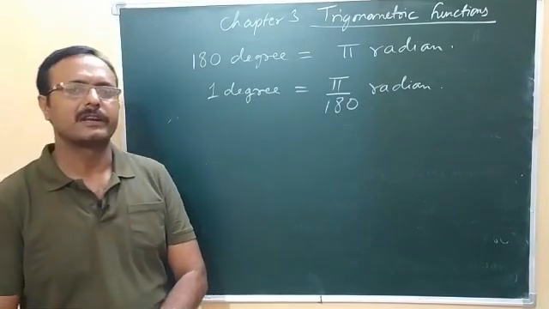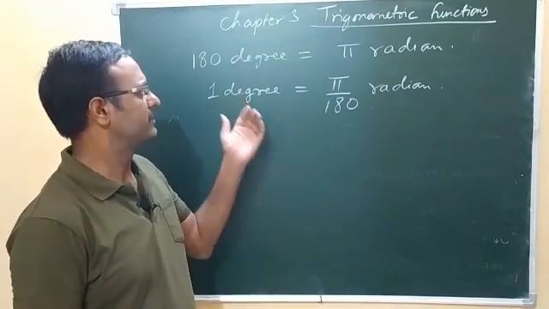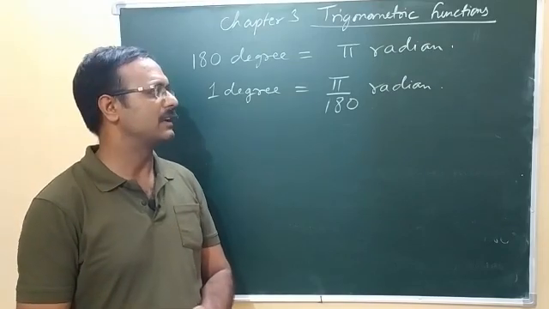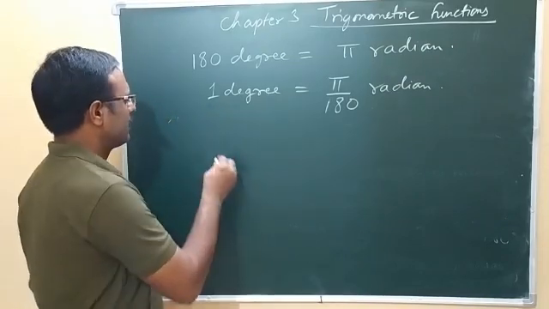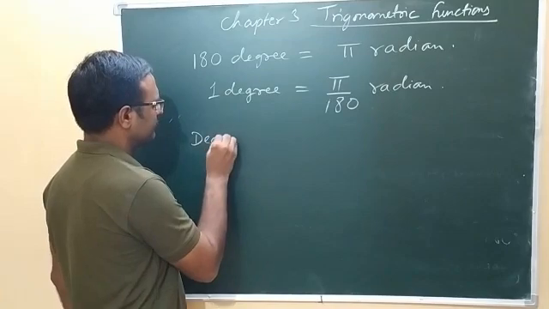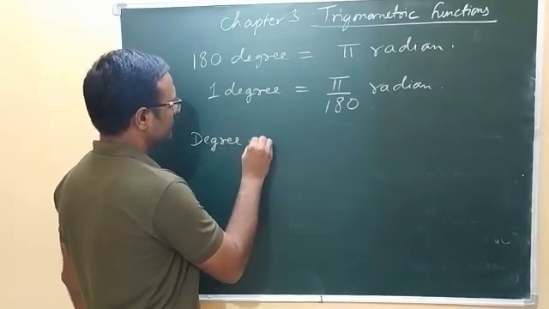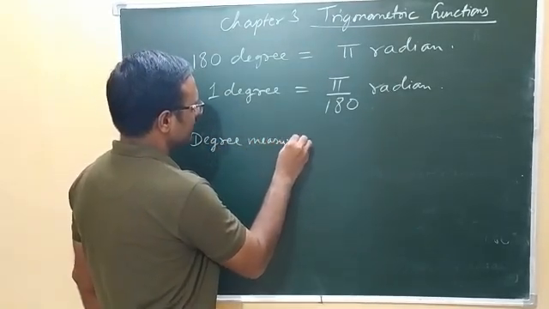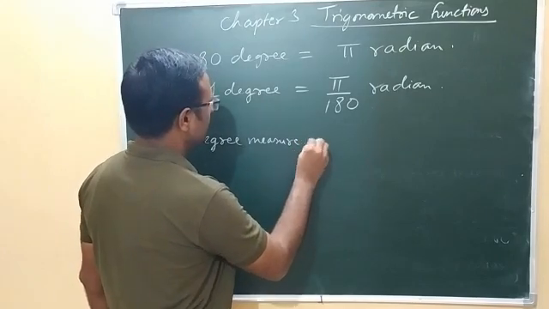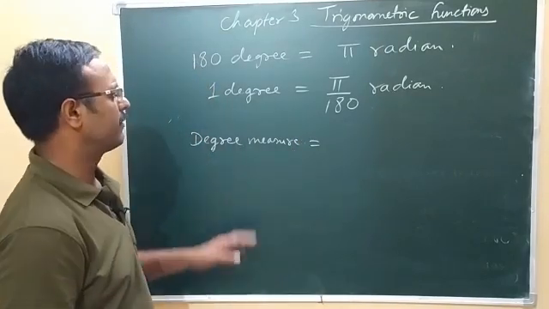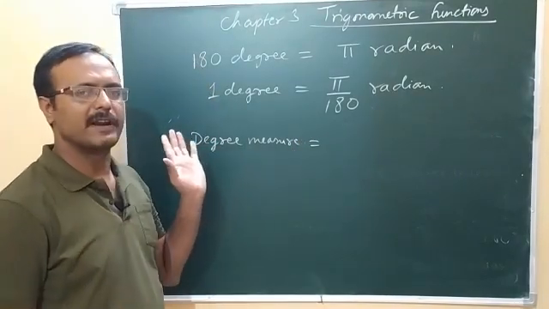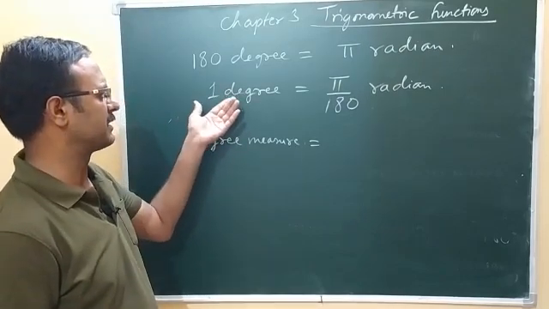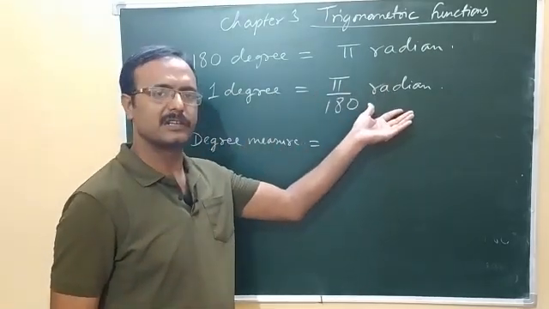We can now create the formula which will give the relationship between the degree and radian. So the degree measurement will be equal to... if we want to find the 60 degree, then we will multiply 60 here and here also 60.